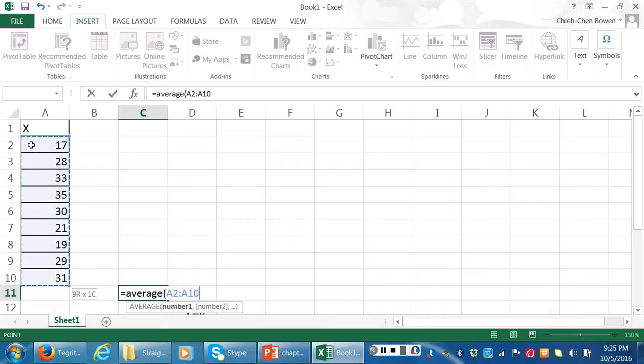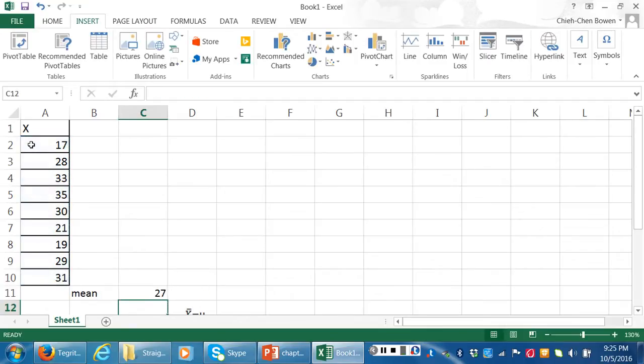Highlight the numbers you want to calculate the average on, close the parentheses and hit enter. The sample mean is 27.